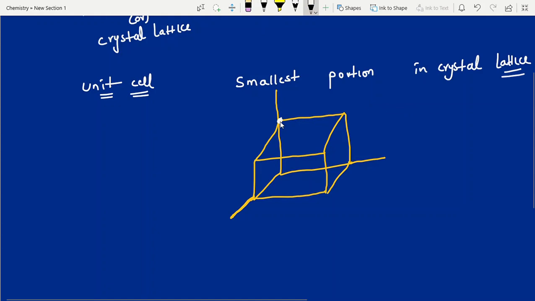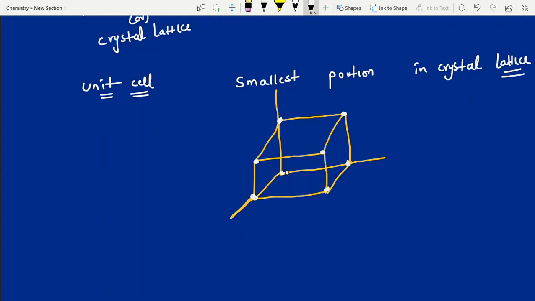Here, particles at corners. Corners we have, students, and centers also we have, that I can show. For this cube, 4 particles; for this cube, 4 particles like this.